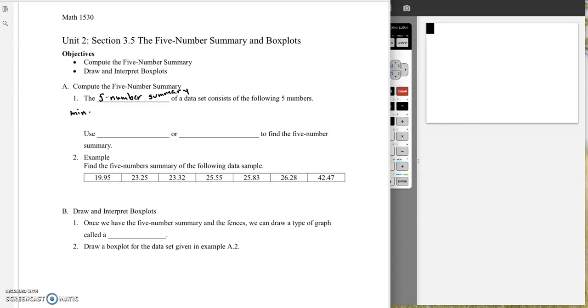The minimum data value, then Q1, then Q2, which remember is the same thing as the median, then Q3, and then the maximum data value.